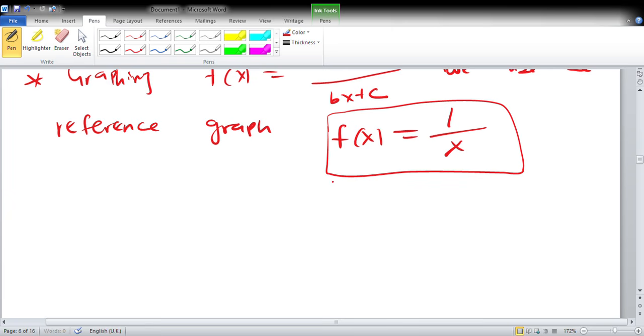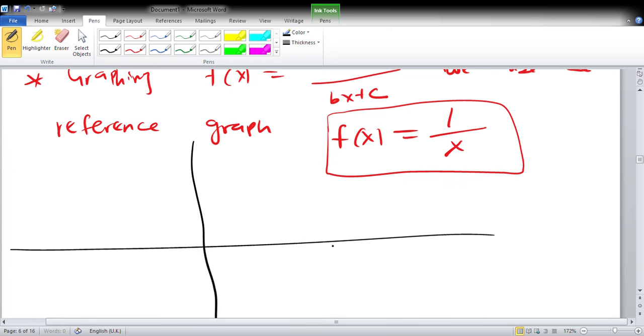That is why, when you sketch f of x on the Cartesian plane, with this as my y-axis and this as my x-axis, you will see one curve on this side and another curve on this side. So this is the function f of x equals 1 over x, with asymptotes of what?